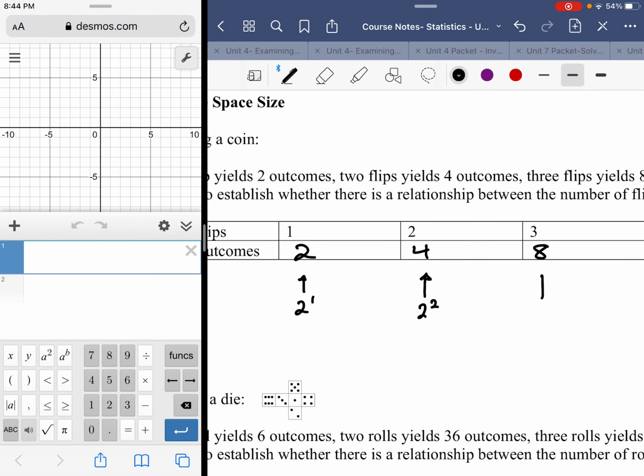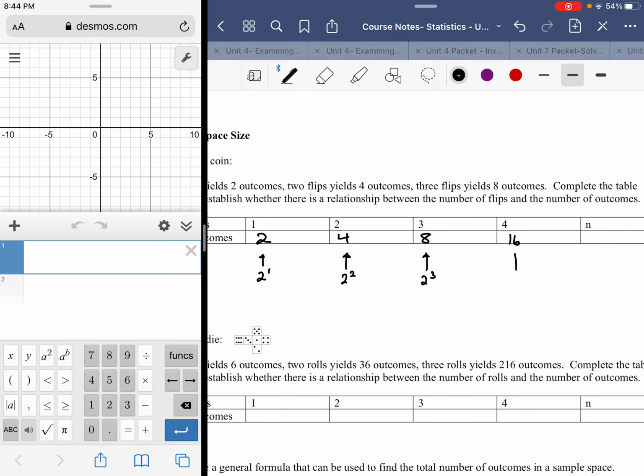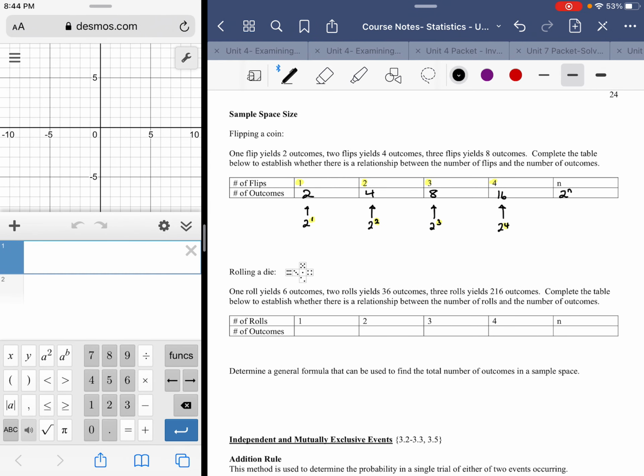How do I get to the number 4? I take 2 and raise it to the second power. 2 and raise it to the third power. 2 and raise it to the fourth power. And hopefully you see the consistency here between the power and the number of flips. In which case, it follows that the last entry, if you flipped it any number of times that we'll call n, the number of outcomes will be 2 to the nth.